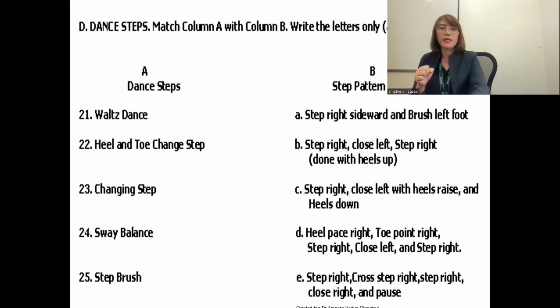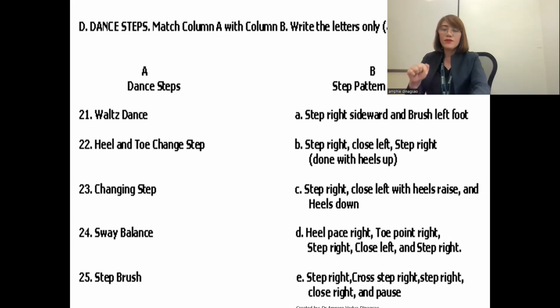This is a PE dance test. So you notice that the directions may not be very clear. And if you said that it seems that the columns are reversed, or they're not in their right places, you are correct.